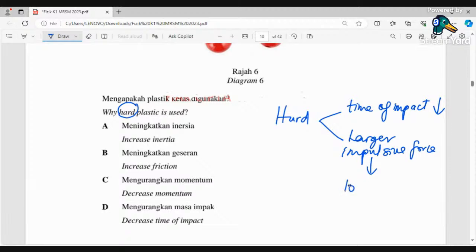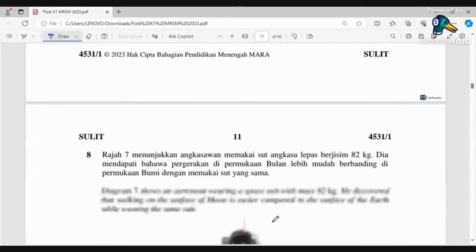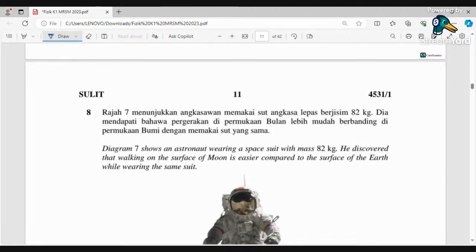Okay, so with a larger force acting, you can hear a loud sound. So this one is to decrease time of impact. Okay, number 8.